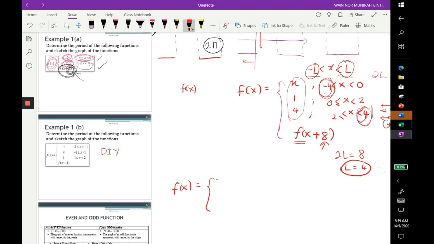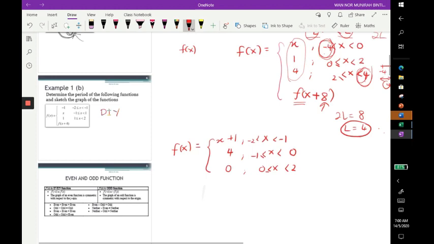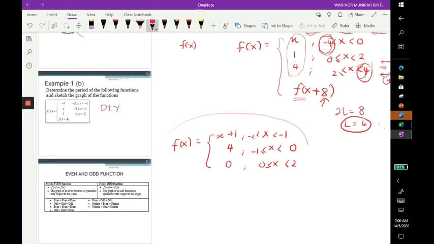Okay, so I have f(x) equals x plus 1, where x is from negative 2 to negative 1, and then f(x) equals 4, x equals negative 1 to 0, and then f(x) equals 0, x from 0 to 2. And then I know that this is just one function, just one complete cycle.